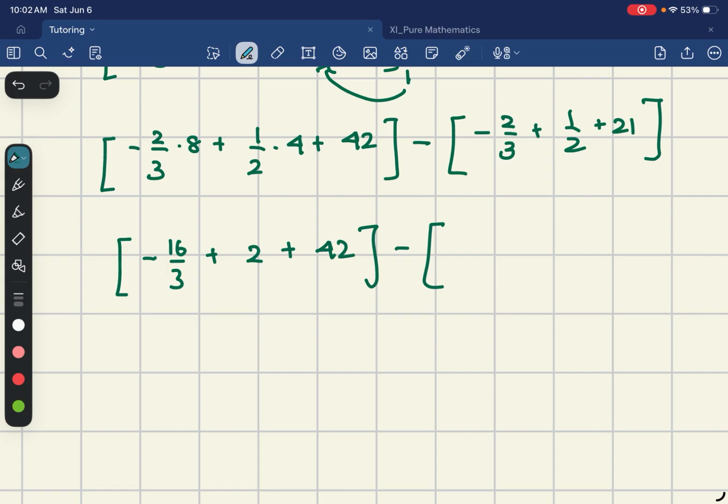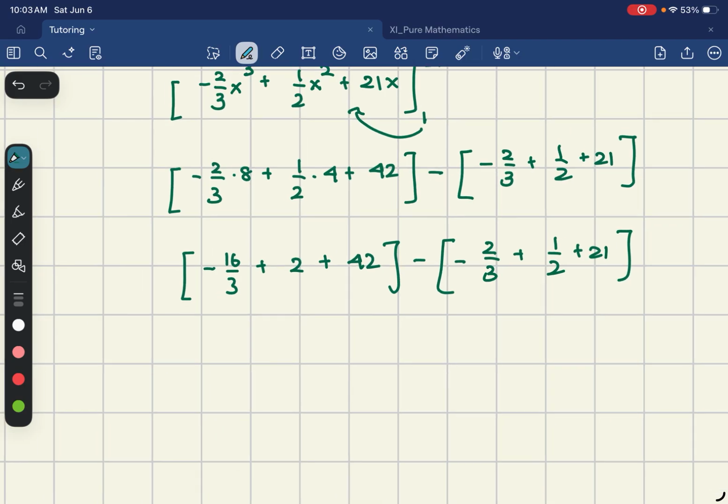That is not easy to calculate out, but I think you can use your calculator here, to be honest. Okay, I'm going to use my calculator because I'm a bit lazy, but you can feel free to simplify your fractions, and I believe you should know how to simplify this expression. So I'm just going to use my calculator. Negative 16 by 3 plus 2 plus 42.